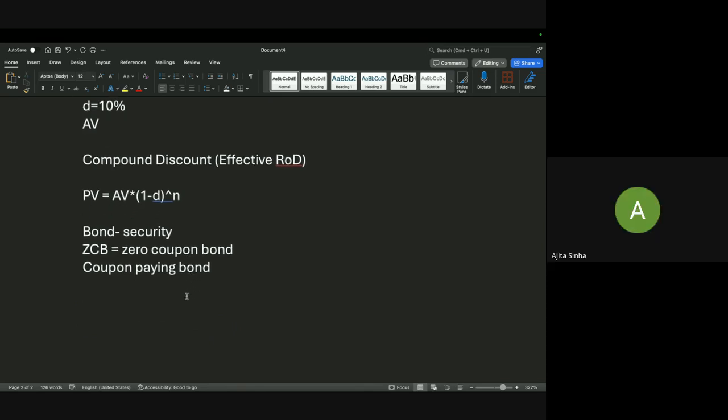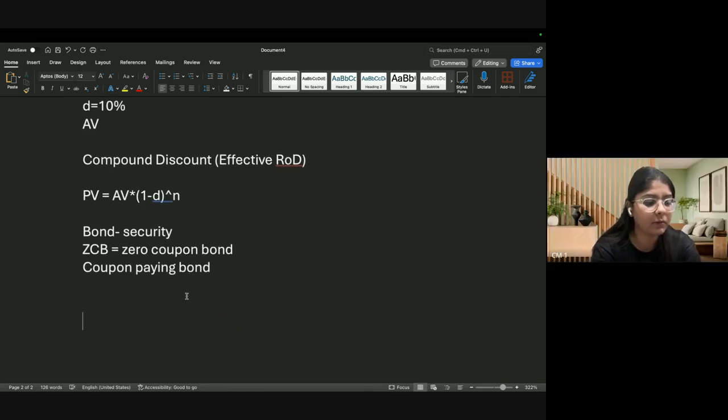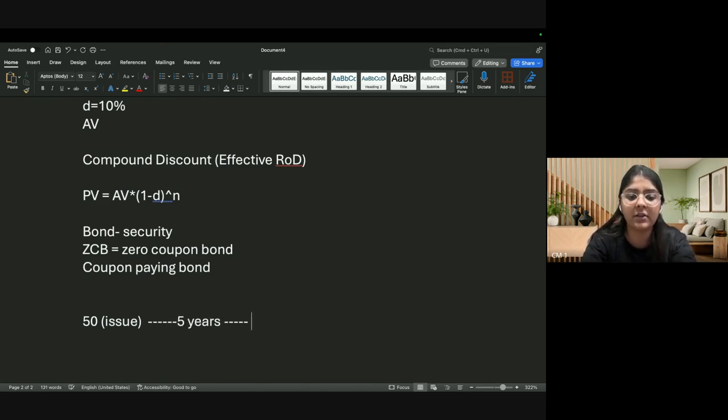Now we will see one thing. So this is 50. You are issuing this for 5 years. And after 5 years, the value is 100, where you are redeeming at par.